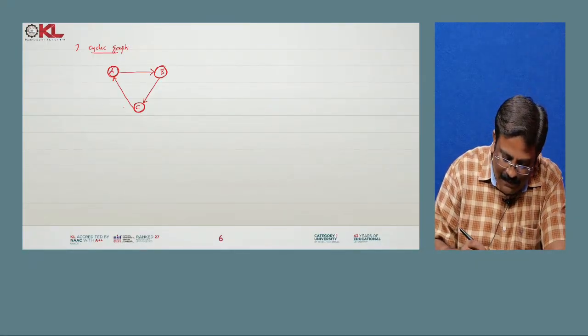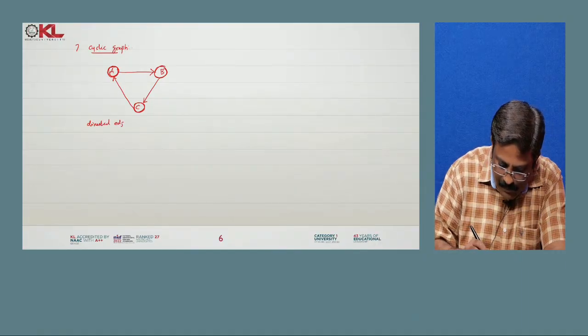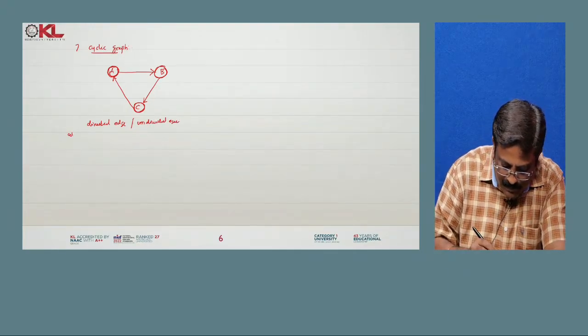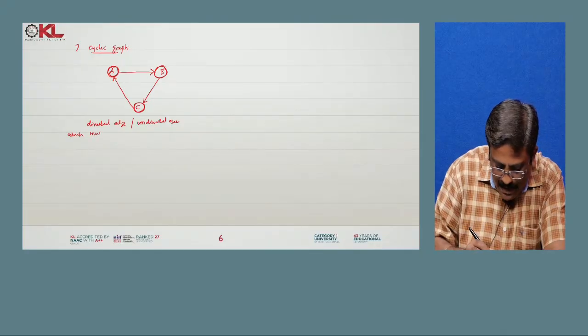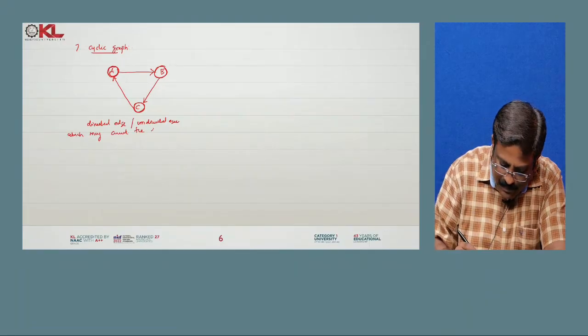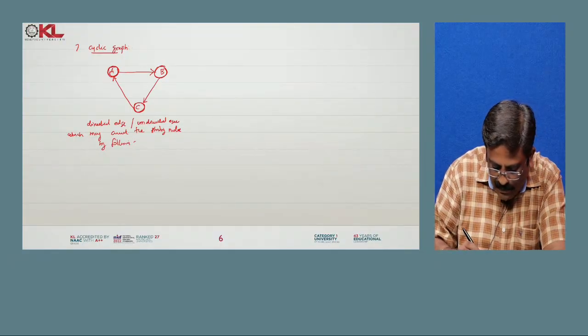The cyclic graph will have either a directed edge or an undirected edge, which may connect back to the starting node by following a loop or a path.